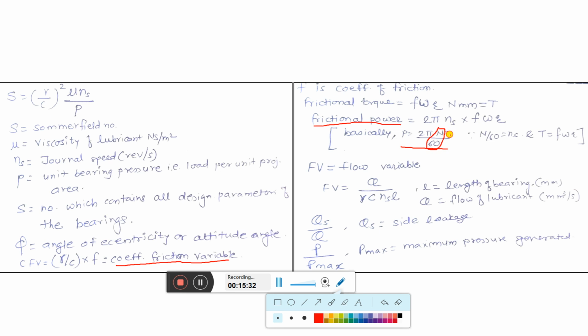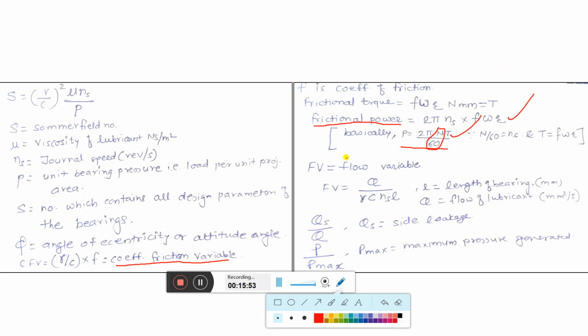And torque, we know what your torque is now. Torque is f W into R Newton mm. So if we put f W R here and N by 60 as Ns, what equation am I getting then? I am getting this equation, 2 pi Ns into f into W into R, right?